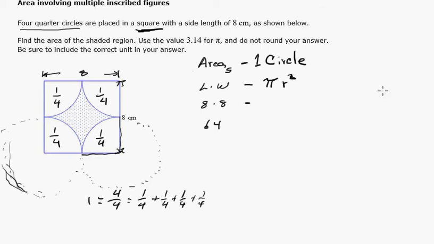I'm pretty sure that this distance would have to be 4 for the radius, right? Doesn't that make sense? Halfway. If this distance is 8, then half of 8 is 4. So this would be 3.14 times 4 squared. So that's going to be 16.